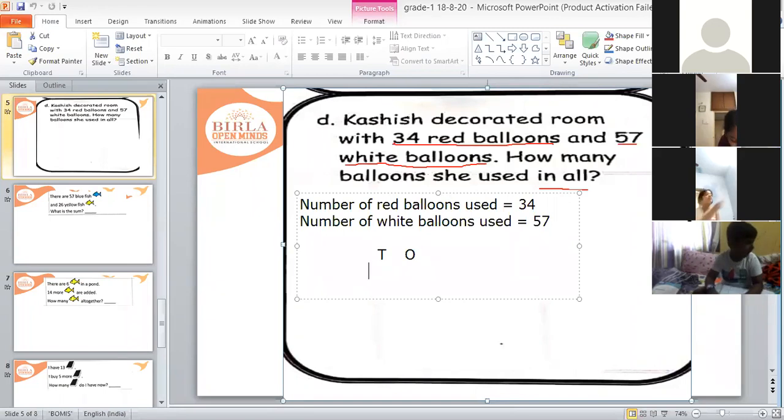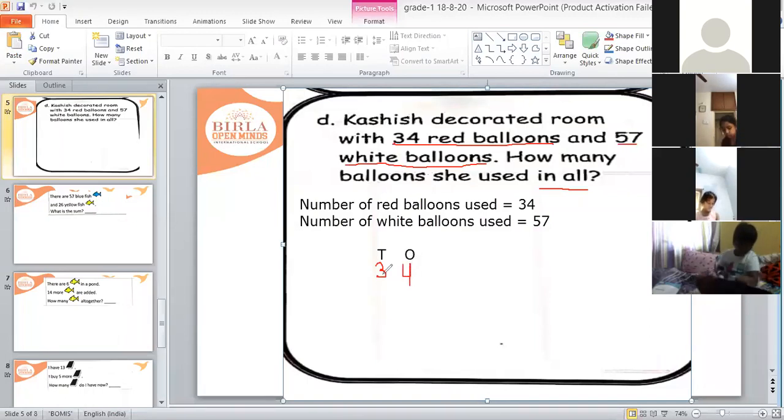So your first number is 34. We'll write 3 in tens place and we'll write 4 in ones place.